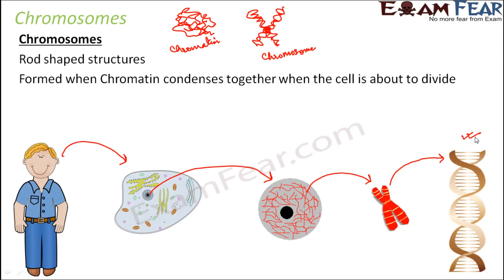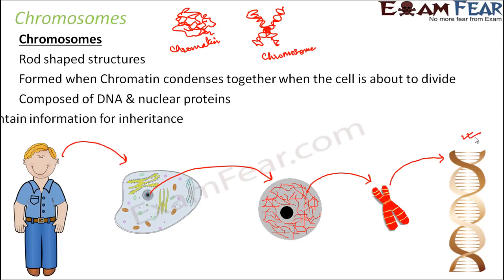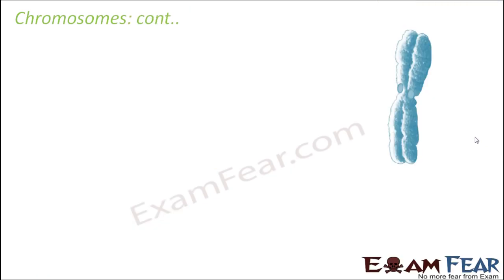Because if you don't have nucleus, you don't have chromatin, chromosomes, the cell will not be able to divide. So there will be no reproduction, there will be no formation of further cells. So nucleus, that is why, is the control center of the cell. These chromosomes are composed of DNA and nuclear proteins. They contain information for inheritance. That's what I told just now.